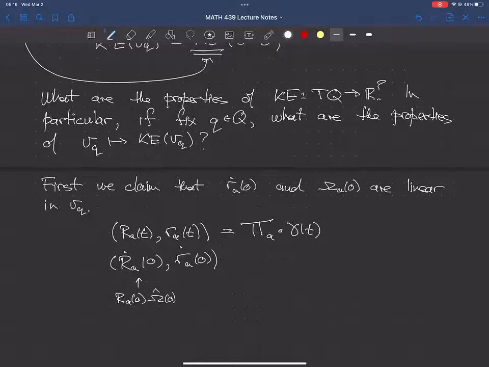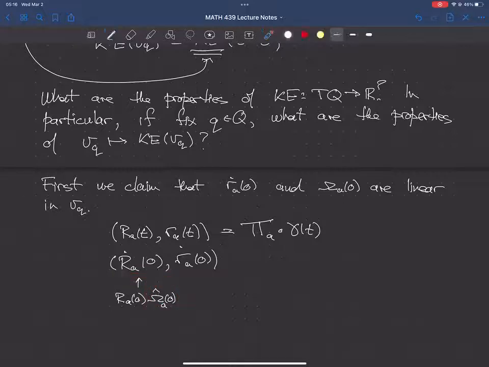The point is that this is a linear function of omega hat. So to establish my assertion that these are linear functions of VQ, it's enough to establish that these are linear functions of VQ, because this is a linear function of omega hat.